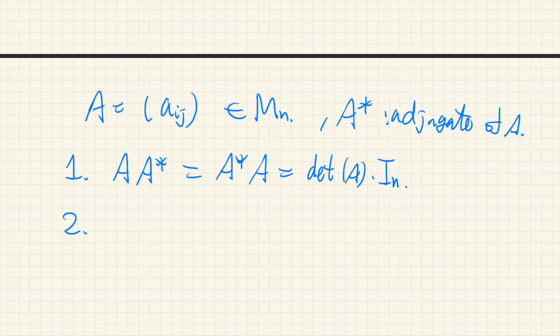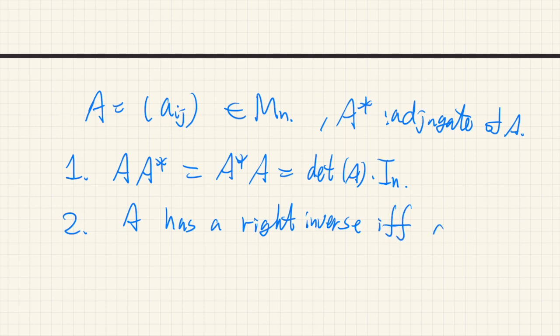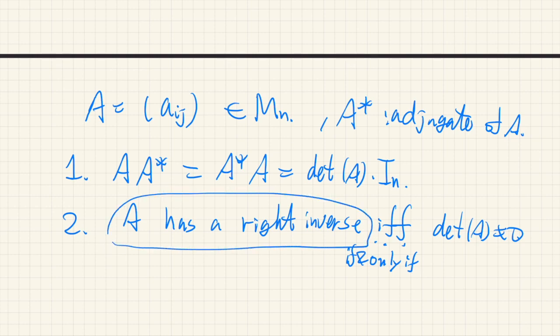And 2: A has a right inverse if and only if the determinant of A is non-zero. Okay, so IFF means if and only if. So that means having a right inverse is equivalent to the determinant being non-zero.